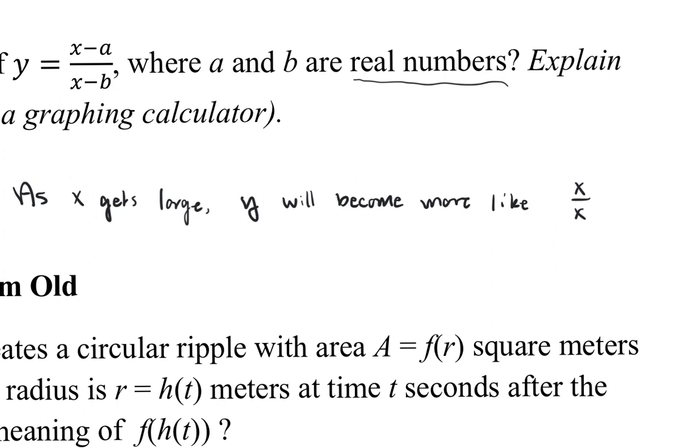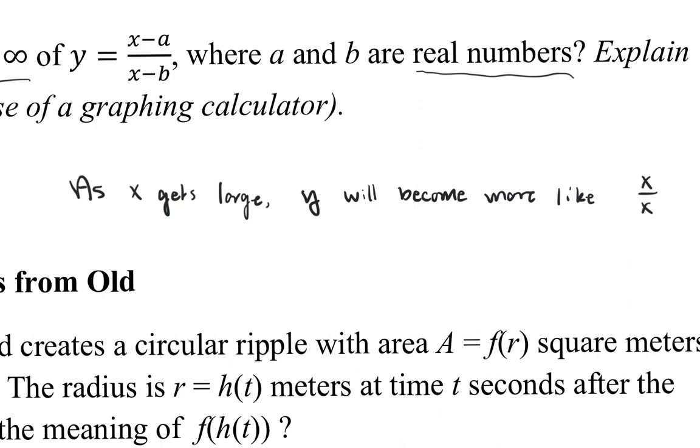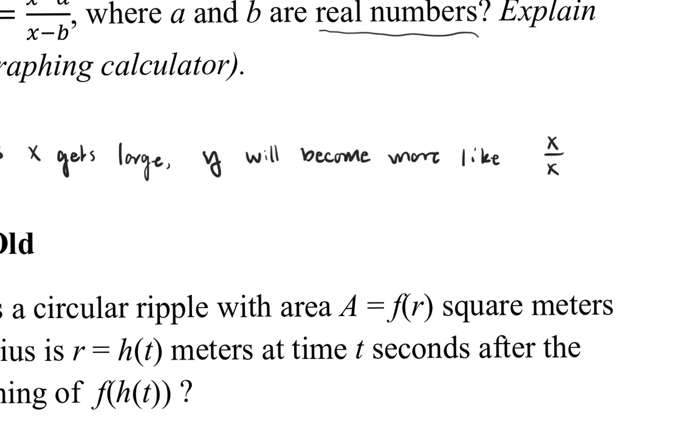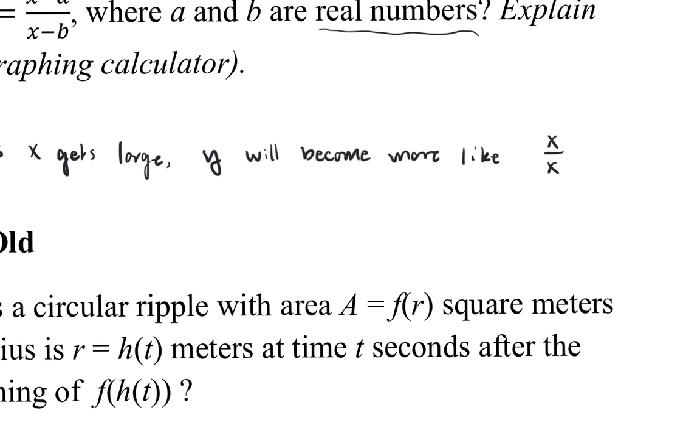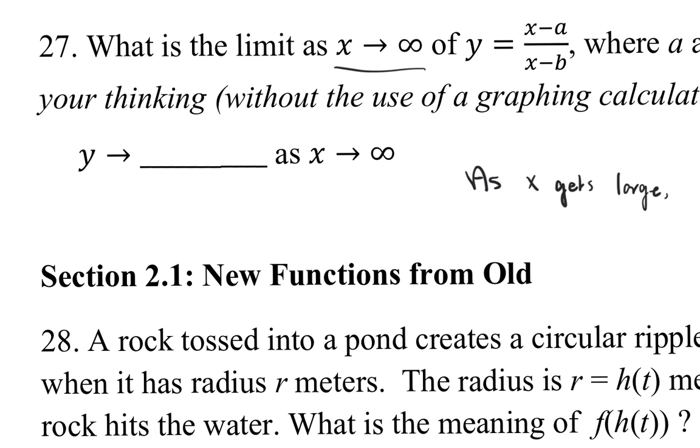If we had 1,000 minus a over 1,000 minus b, or 1,000,000 or 1,000,000,000, those a and b aren't changing. They stay the exact same value, so they're not super impactful. So y behaves more like x over x, which is equal to 1. Therefore, y is going to approach 1 as x goes to infinity.